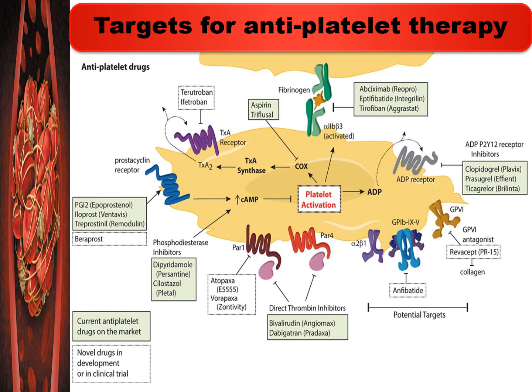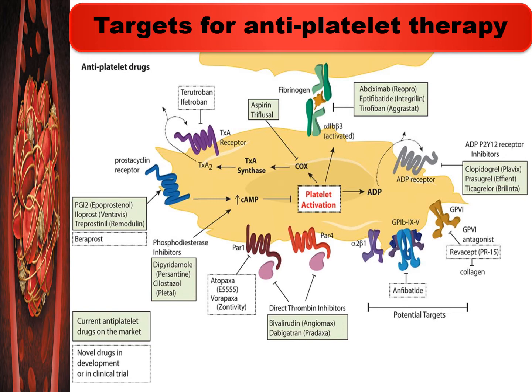This increased cAMP is also augmented with the help of phosphodiesterase inhibitors, for example, dipyridamole. On the other hand, this platelet activation is also responsible for the production of ADP, which further binds with the ADP receptor and is inhibited with the help of ADP receptor inhibitors.